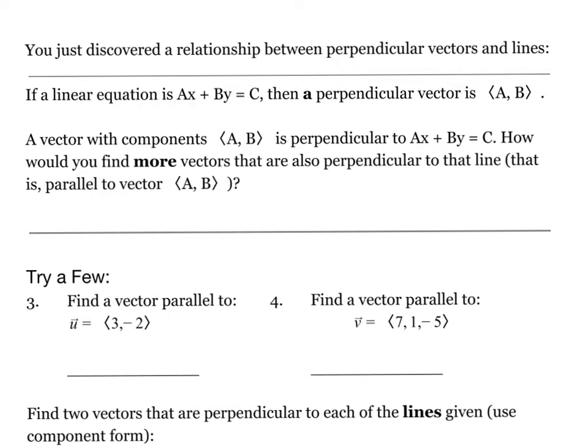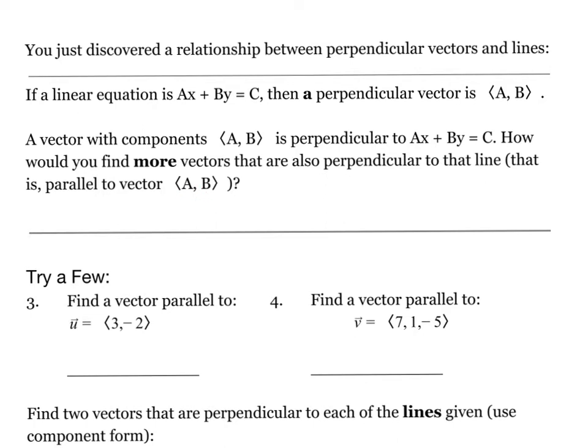is there a way to find additional vectors that are also perpendicular to that line? And another way to state that is, are there ways to find vectors that are parallel to this vector? Well, that means finding vectors that have two components that are proportional to the original components here.